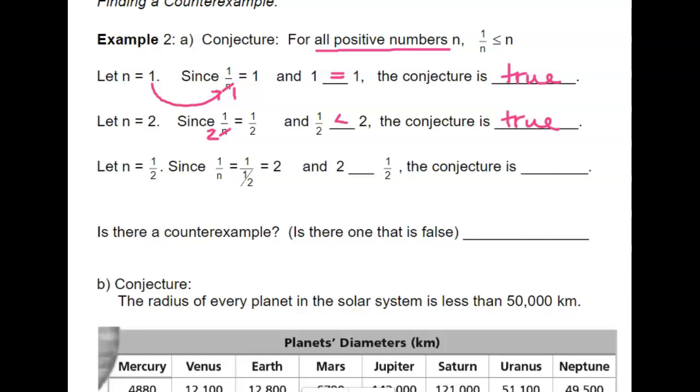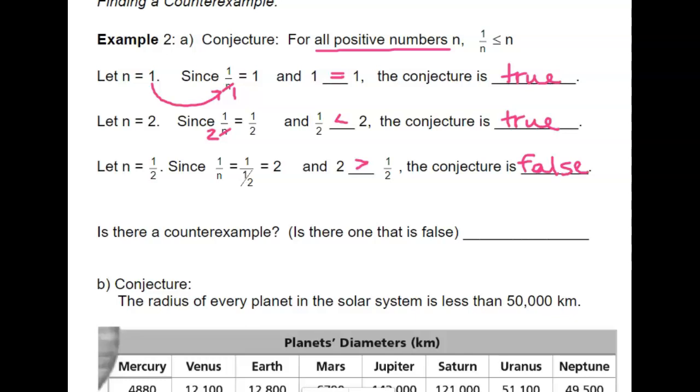Let's not go to 3, let's actually think in a different direction. Let's go to 1/2. So since 1 over n is 1 over 1/2, which is really just 2, and 2 is greater than 1/2, the n value, well, here the conjecture is false.